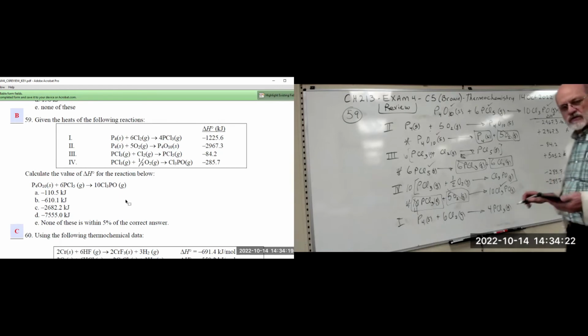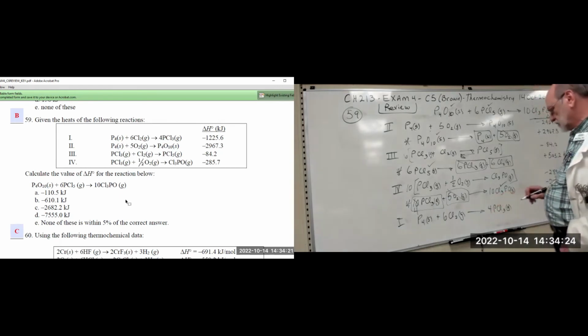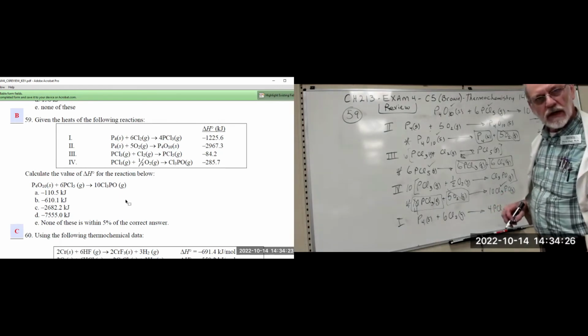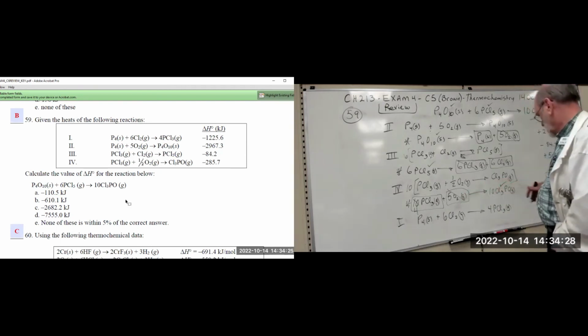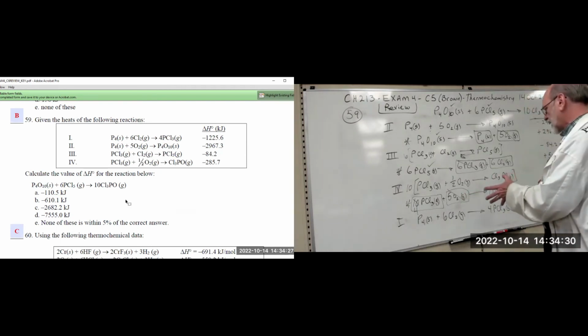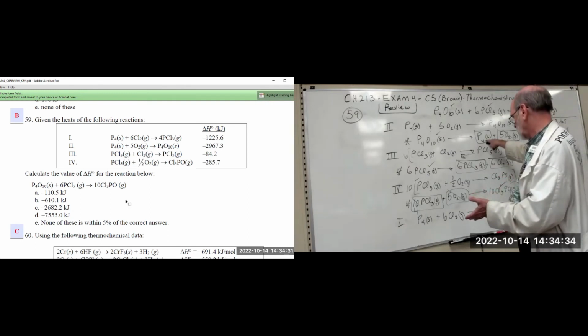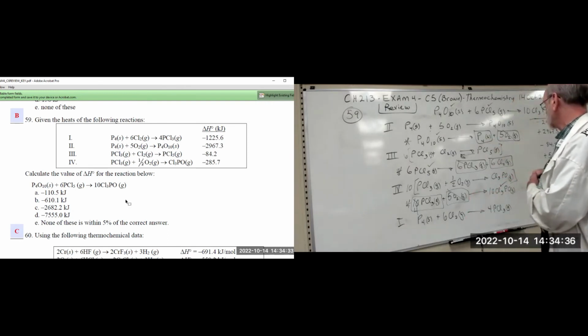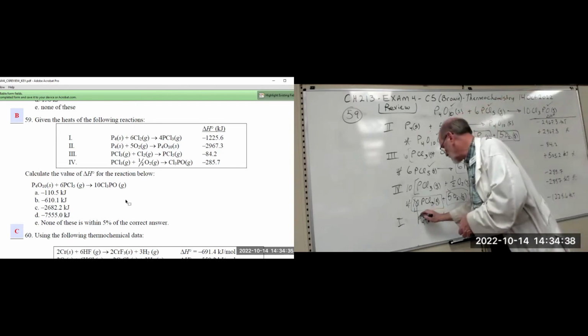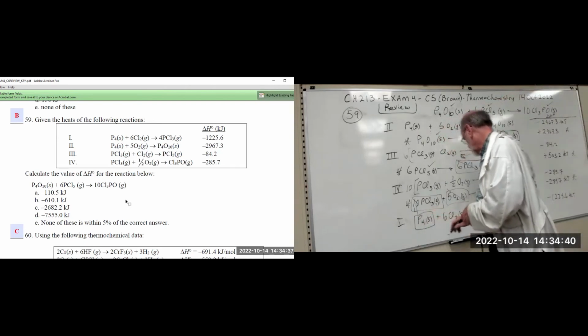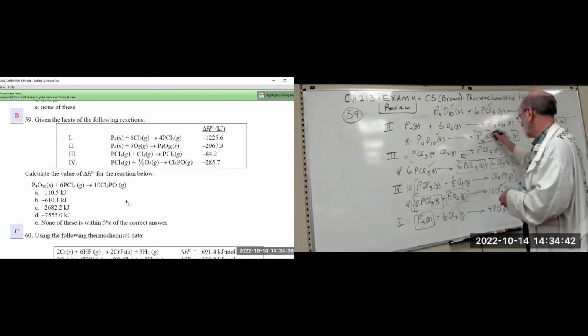And what do we need to do to it? Yeah. Well, is everything on the right side that it needs to be? Well, there's P4, right? So that cancels. I think it's on the right side.